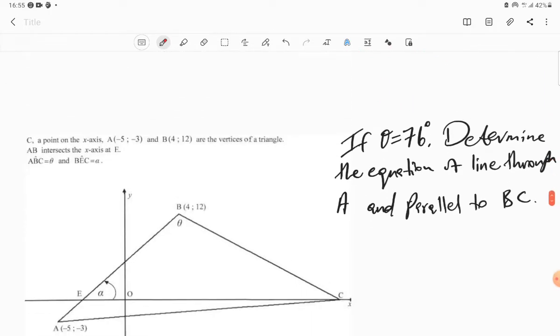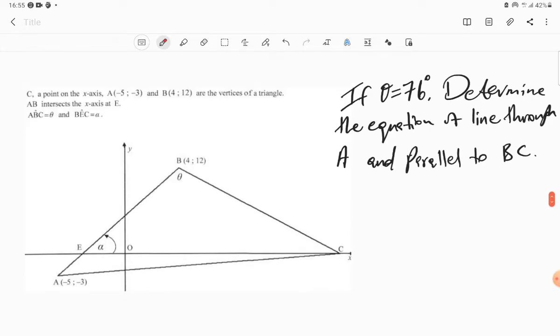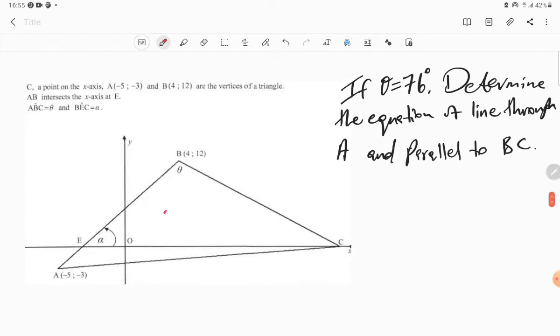Moving forward, we also have another situation where this angle is given as 76. Now determine the equation of the line through A and parallel to BC. You just need to imagine this line. How is it going to be when it is passing through A and parallel to BC?